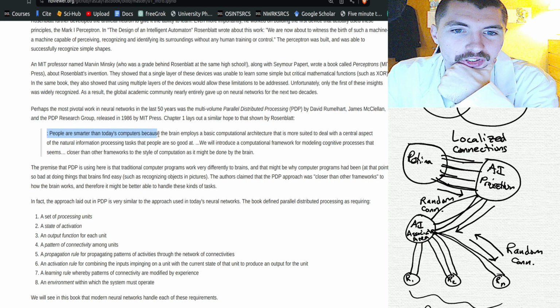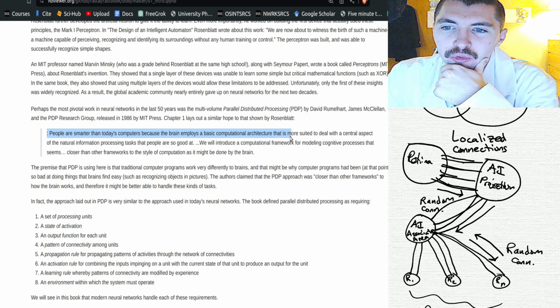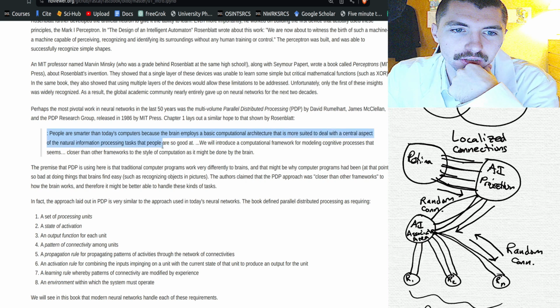People are smarter than today's computers because the brain's basic computer architecture is more suited to deal with the central aspects of natural information processing tasks.